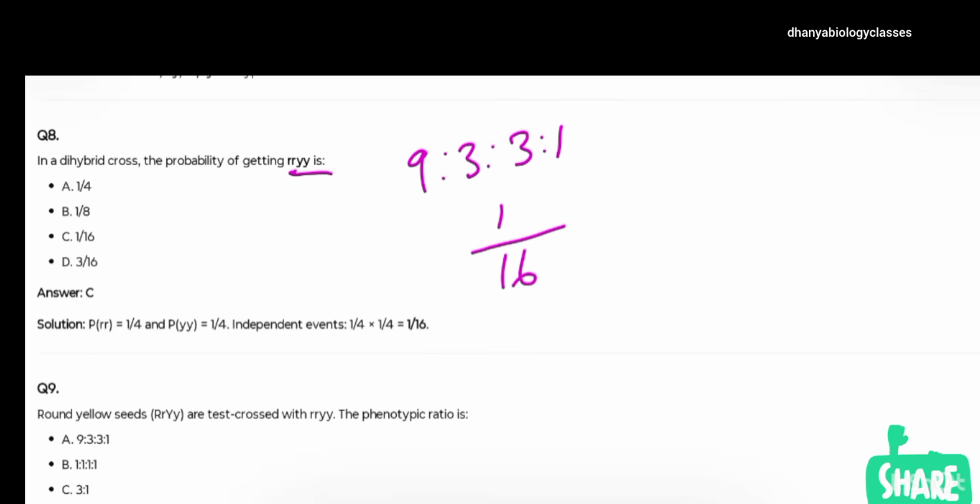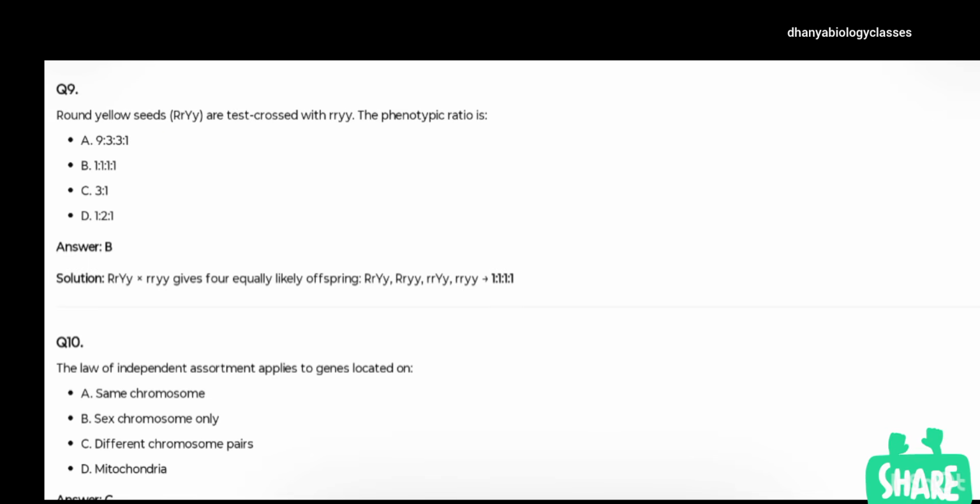The ratio is 9:3:3:1, so the probability is 1/16. So option C. Next question: round yellow seeds are test crossed with small r small r small y small y. It is the phenotypic ratio of the test cross of dihybrid cross. It is 1:1:1:1. So option B.